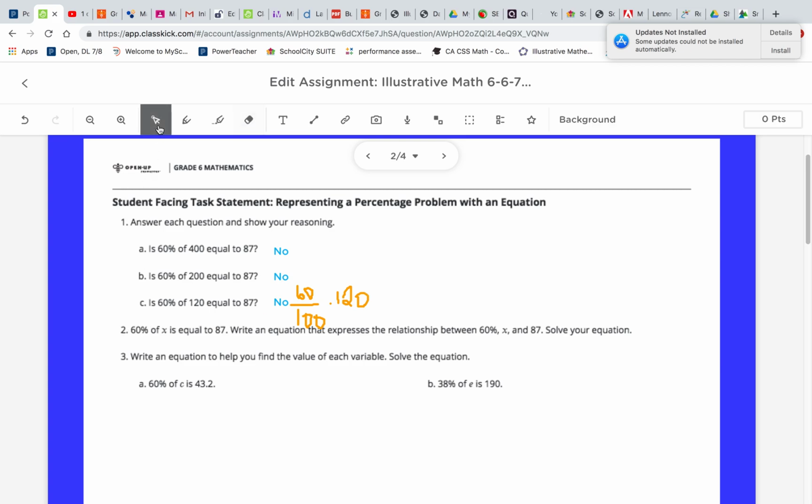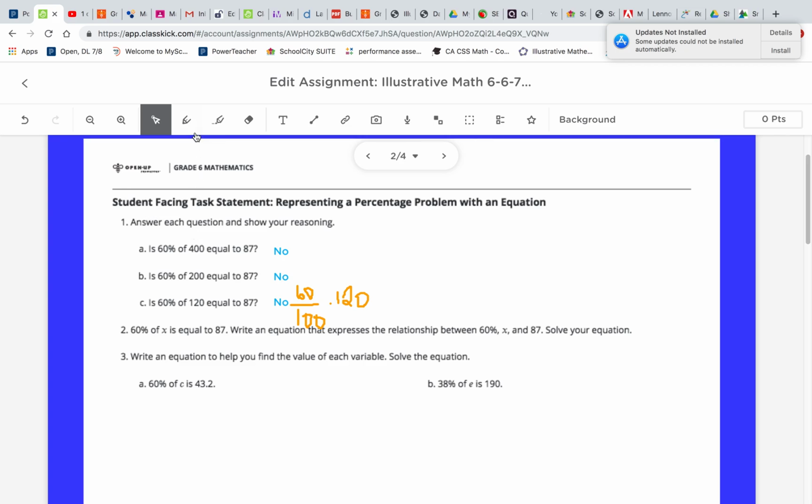Number 2 says, 60% of x is equal to 87. So write an equation that expresses the relationship between the 60%, the x, and the 87. Here is the deal. We know that 60% of x is going to involve the fraction form times x.